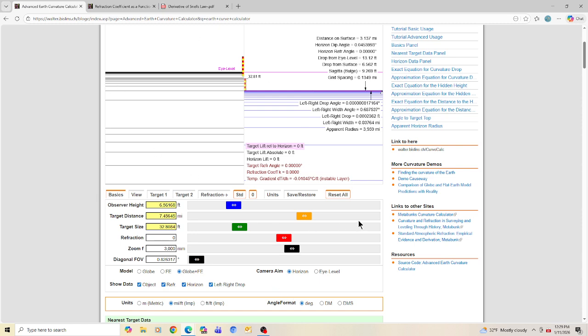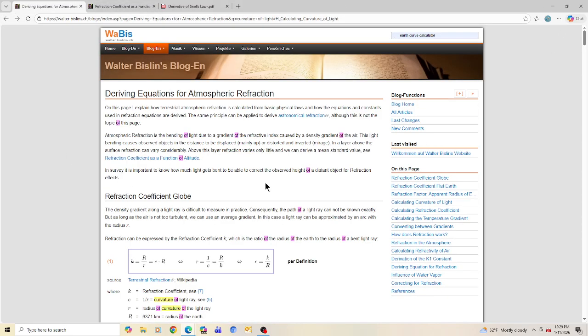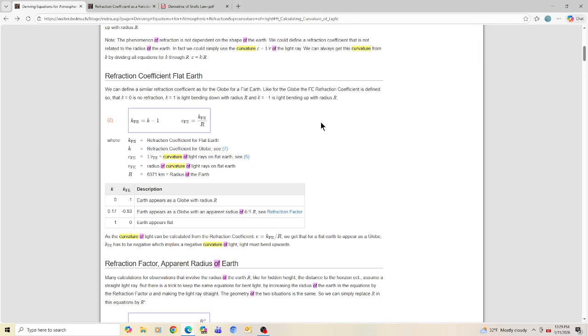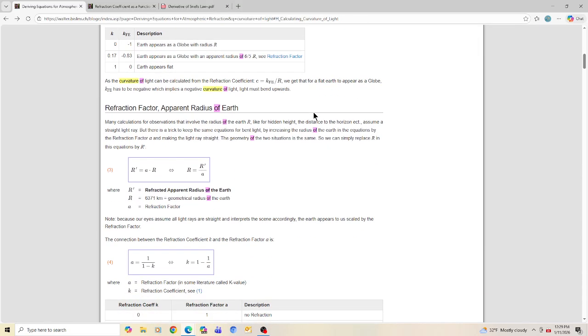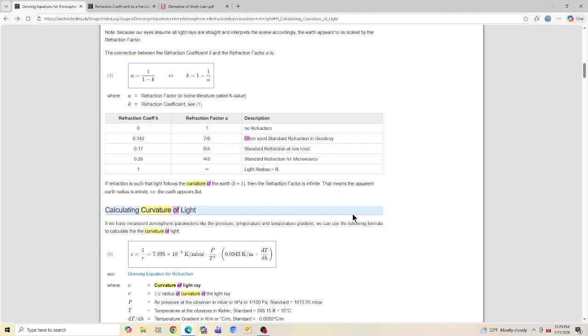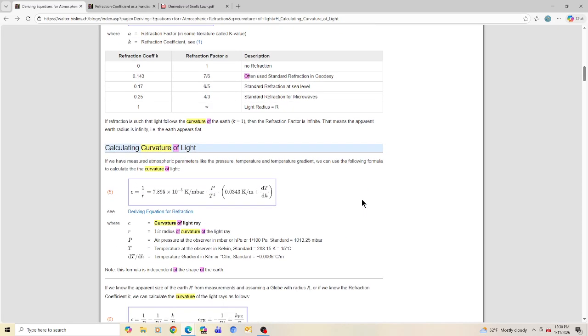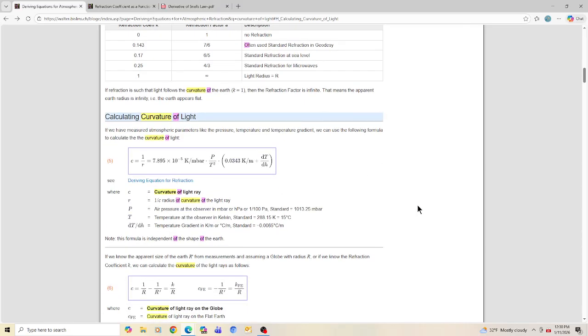There is a spot in one of these where, while they're calculating this, and let's go back because I think I know where it's at. Yeah, they go into the apparent.